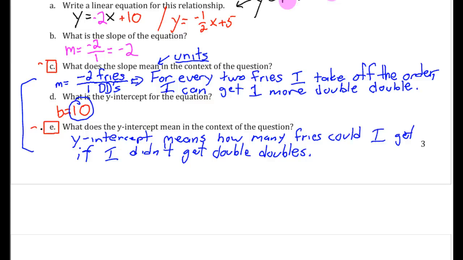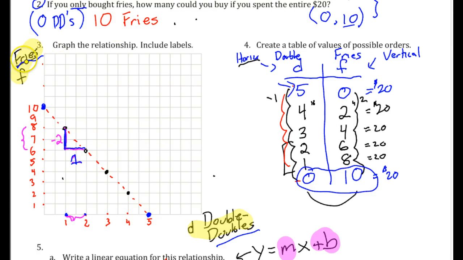Okay. So that's the money right there. Right here is the best piece of information I can give you using the units. Even the y-intercept, we use fries because the units of the y-axis is fries.